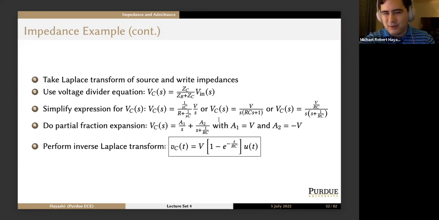The 1 over RC's cancel, and we're left with A2 equals negative V. So we perform the inverse Laplace transform, and we get VC of t equals V times quantity 1 minus e to the negative t over RC, u of t.